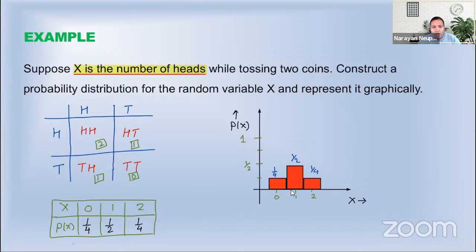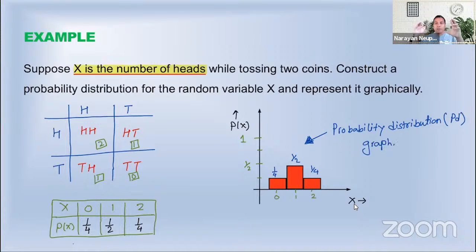Although this graph looks like a histogram because the bars are connected, this is not a histogram. This graph is the probability distribution graph. You can write the name for this. Let me write the name here: probability distribution, sometimes written as PD graph.